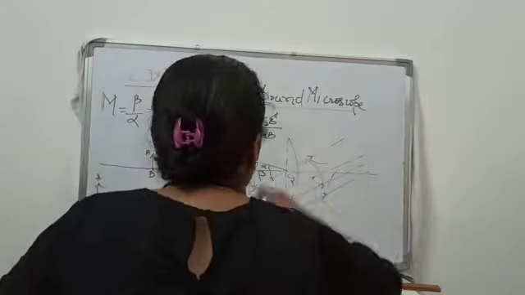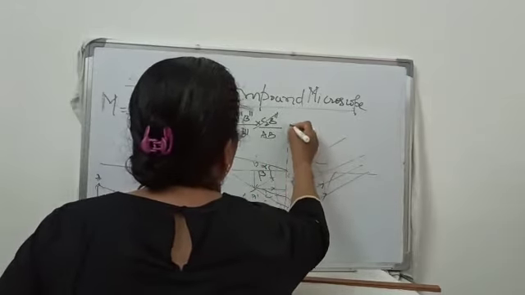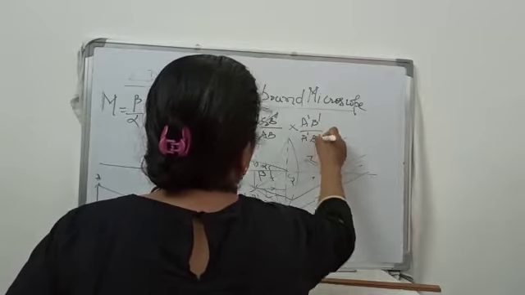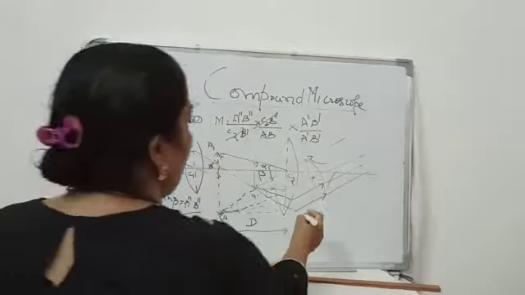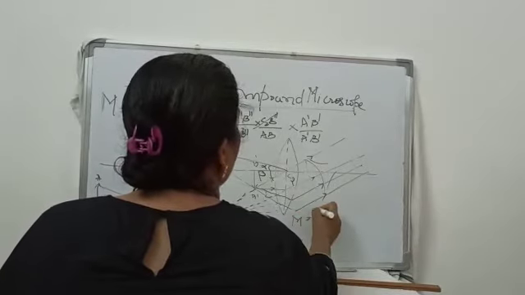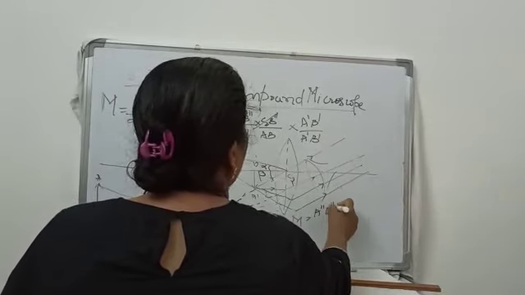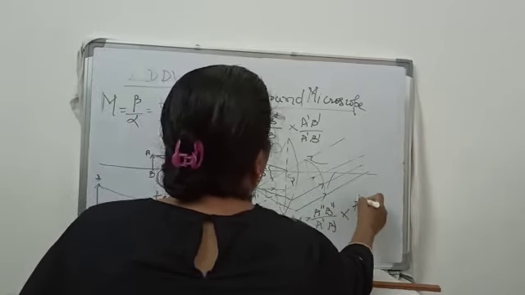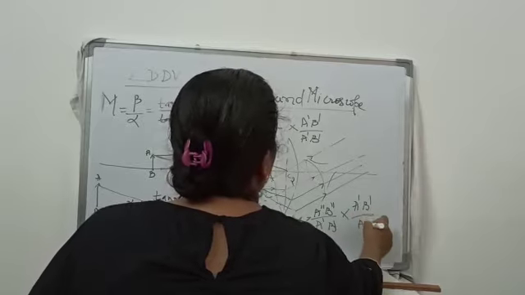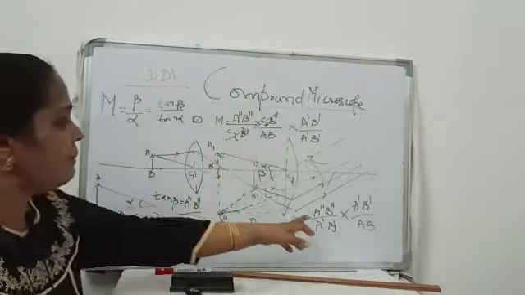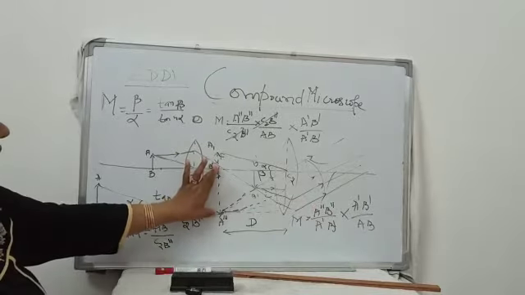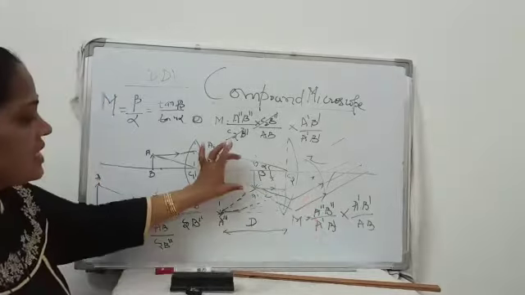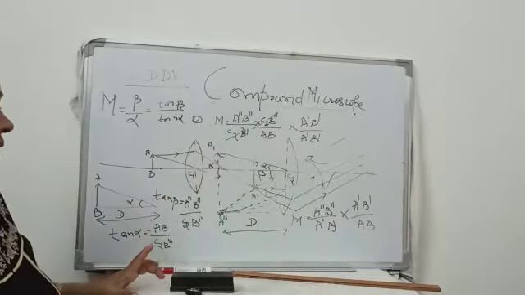In this equation, you multiply and divide by A dash B dash. So now accordingly you will get M is equal to A double dash B double dash by A dash B dash into A dash B dash by AB. Now A double dash B double dash is the height of the image for the second lens, that is the eye lens, and A dash B dash is the size of the object for the second lens.